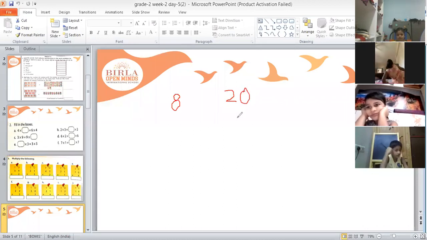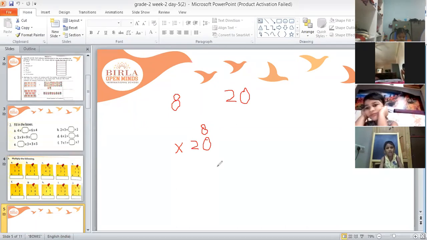Now what we'll do, we will not write it like this. See here, children, we will not write 8 first and then below write 20 and put a multiplication symbol here. We will not do it in this way because till now I have not taught you how to multiply in this way.